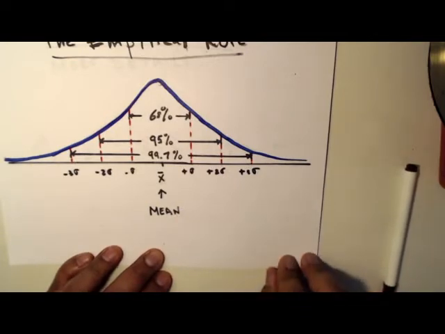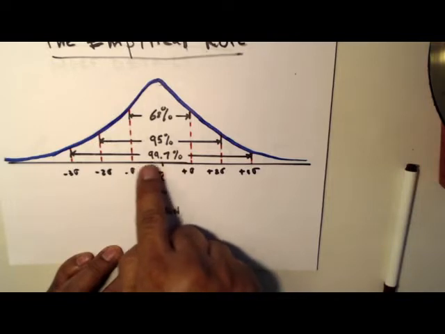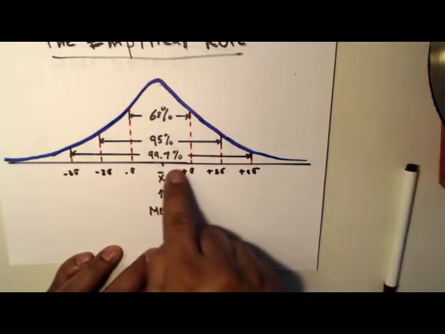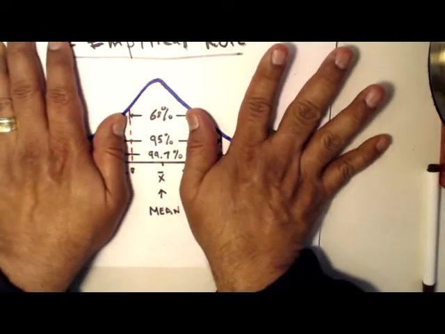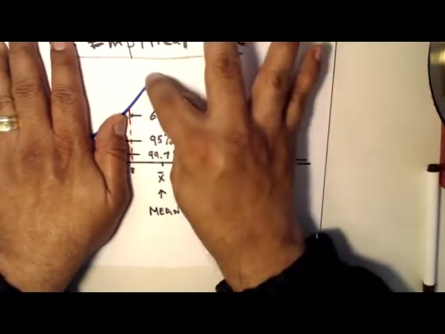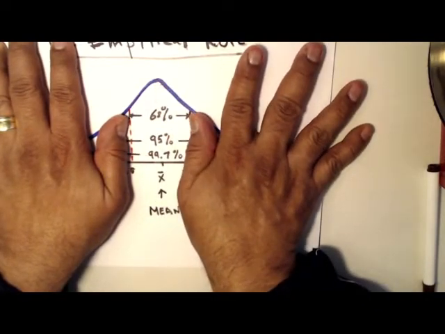In this case, what it's telling us is that within one standard deviation from the mean, once to either side, we have 68%. All the data fall within 68%, whatever is in this portion here will be 68%.